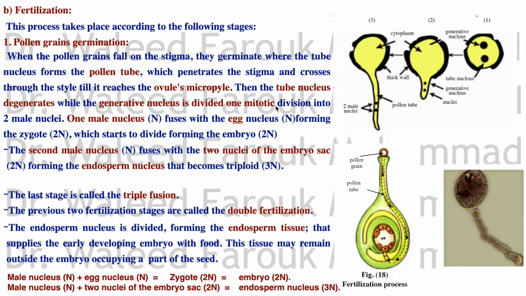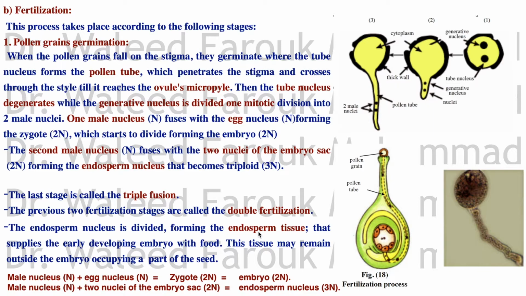Because of the one mitotic division that happened and two male nuclei originated, this is called double fertilization, because we have two male nuclei: one fertilized the ovum and the other went to form the endosperm tissue.